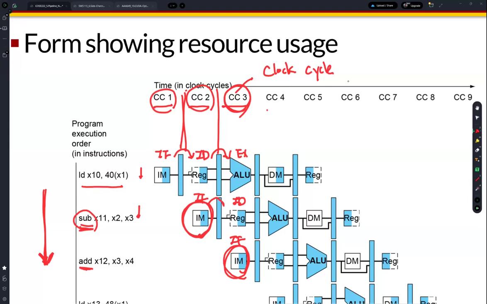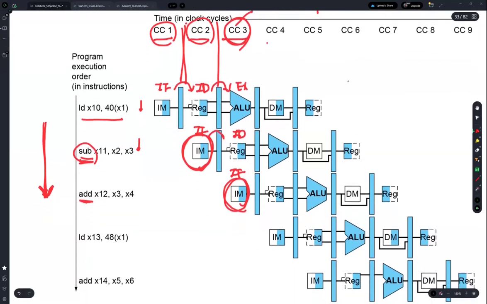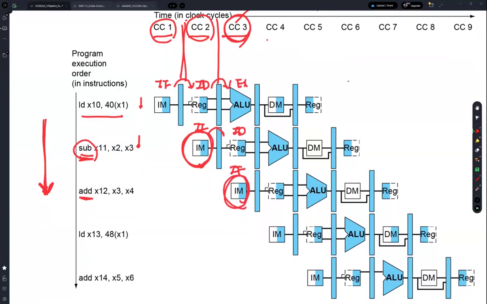So as you can see, at every clock, instructions are fetched. And if there is no hazard, then instructions can be propagated to the next pipeline stage every cycle, right?